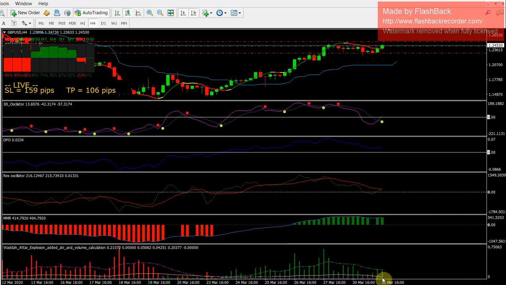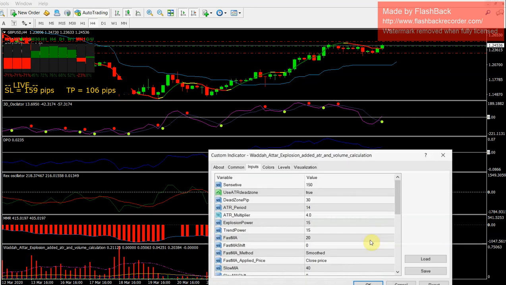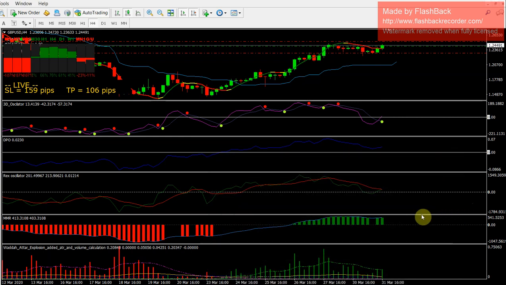If the candle is below the dead zone, which stands at 30, we do not take trades. Let's see how this lines up even on the 4-hour chart. Usually you should do it on daily, but I go between both charts and it works pretty well.